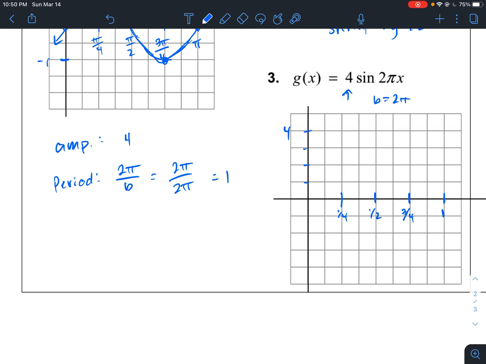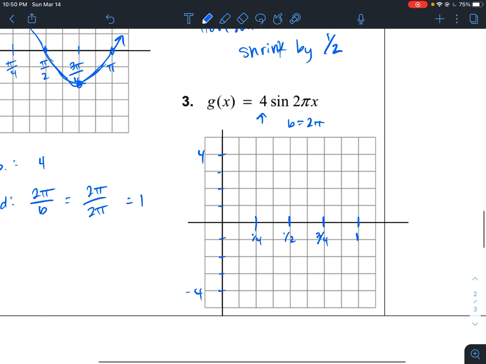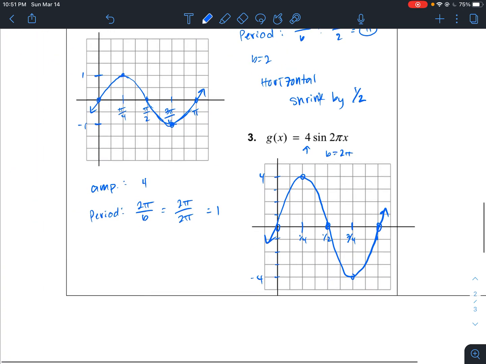Call that 4. 1, 2, 3, 4. This -4. Okay, so I know I'll be here to here, here, here, and here. Okay, there you go. Should be pretty straightforward.